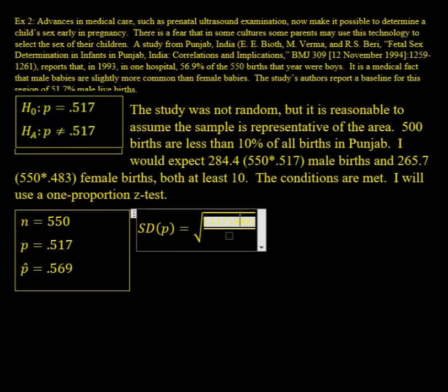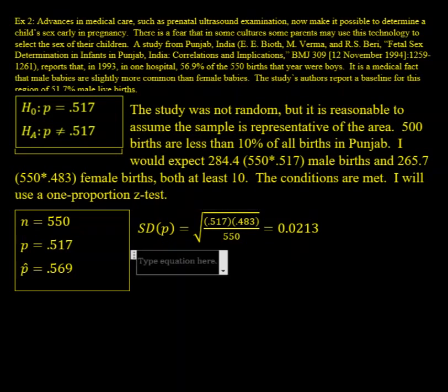Again, we're not using that sample value until we calculate the z-score. So 0.0213 is what this comes out to be. We have a standard deviation of 0.0213. We have a normal model with a mean 0.517 and standard deviation 0.0213.